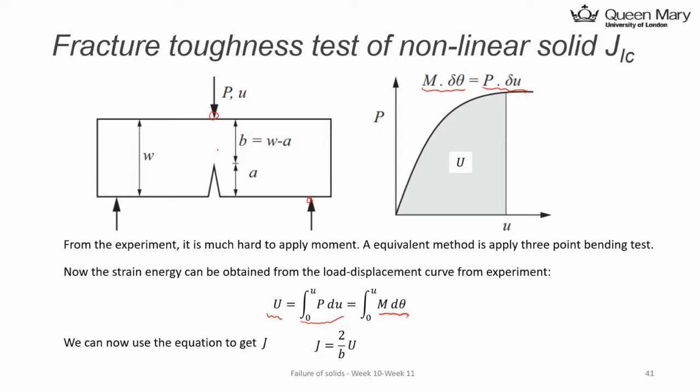So in the experiment, we just need to measure the force displacement and also measure the crack length a, and da, the crack extension. And now we get that from experiment, and we use this formula, which has just one unknown, U. So b is the ligament, the remaining material without crack.